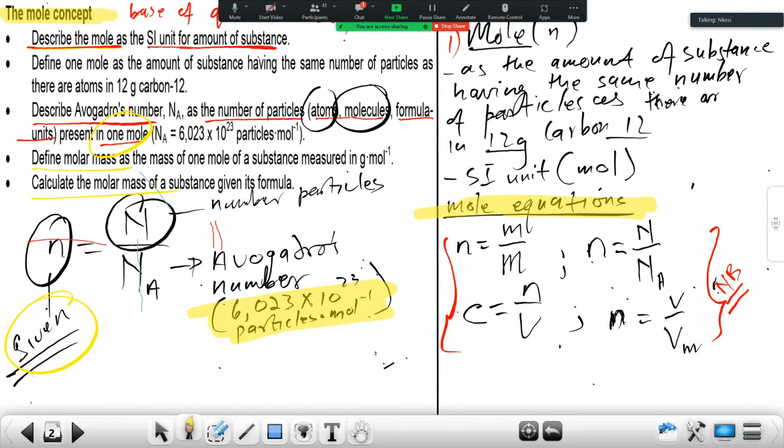But if we have 0.2, 0.5 mole, we can still know the amount of particles that are formed, or the number of atoms that are in that particular substance that we are looking into. Remember, it's quantitative aspects of chemical change.